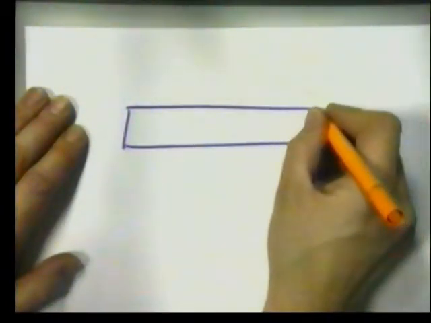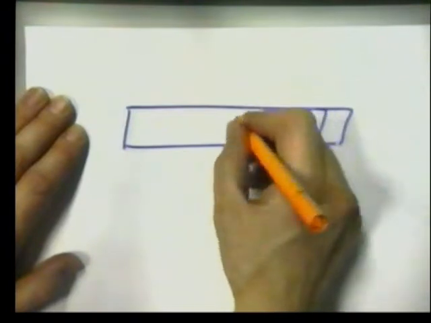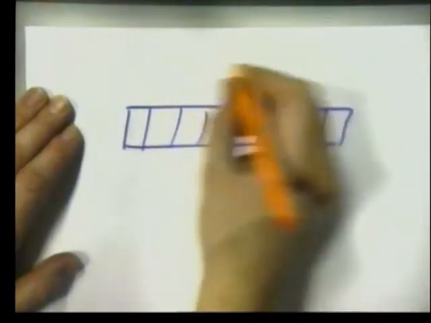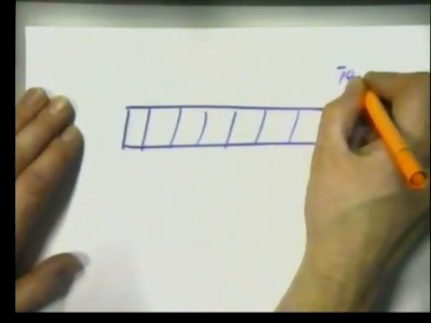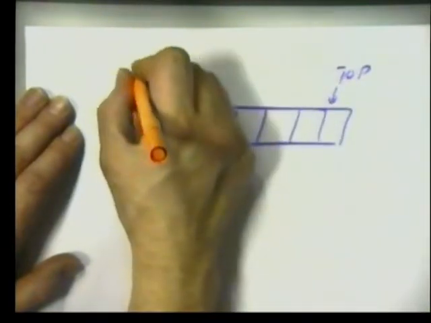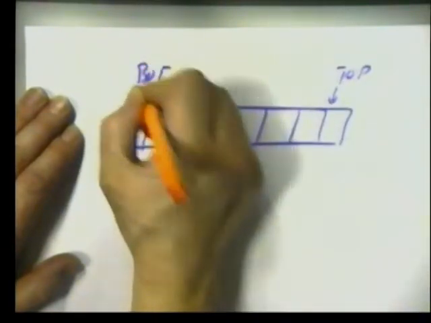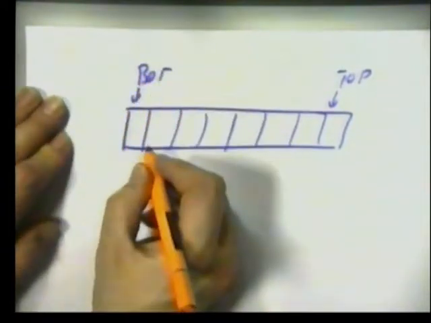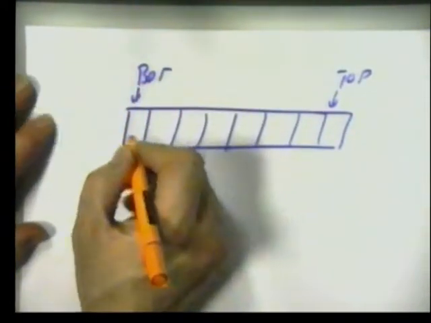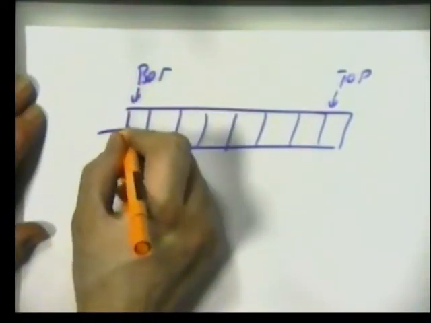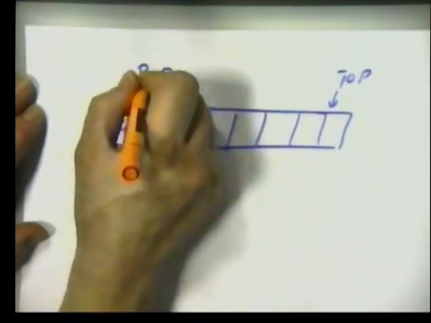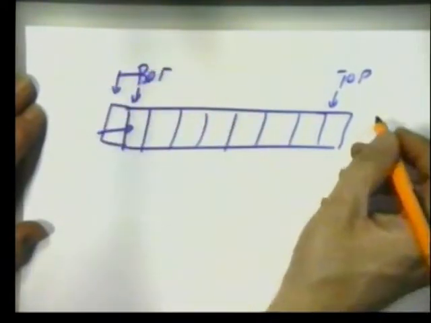Here we have our print spooler memory. Think of these as little boxes. And we have a top pointer and a bottom pointer. Every time our processor wants to add a new character in, it puts it into the last character location and it moves the bottom pointer down again.